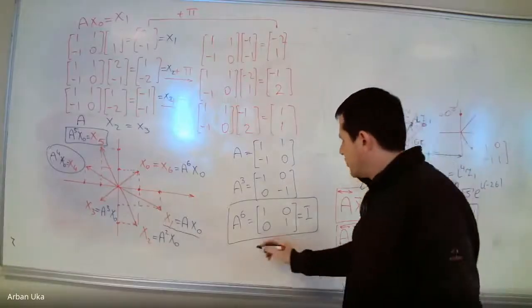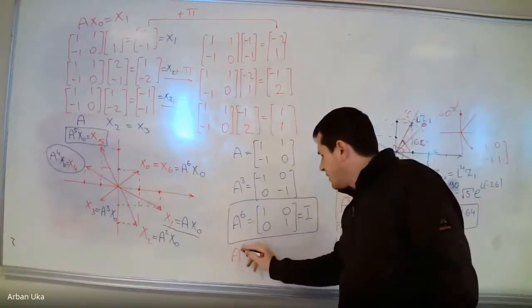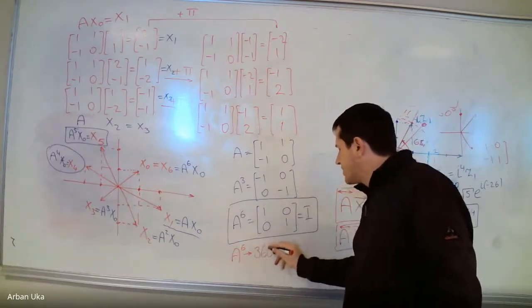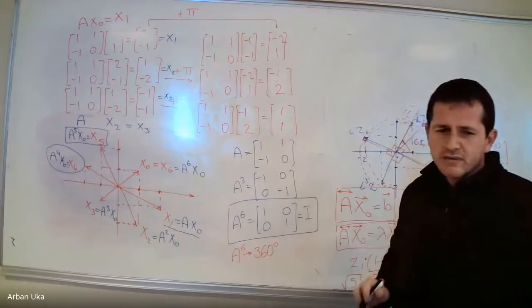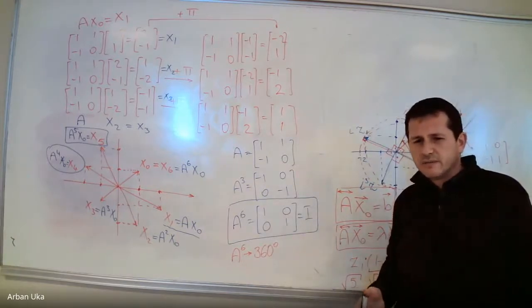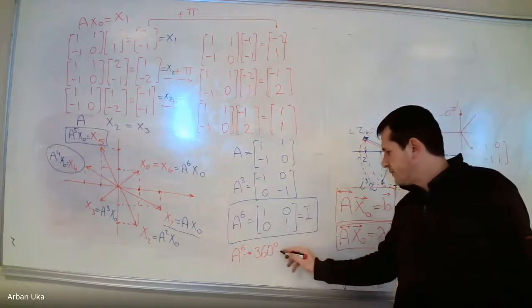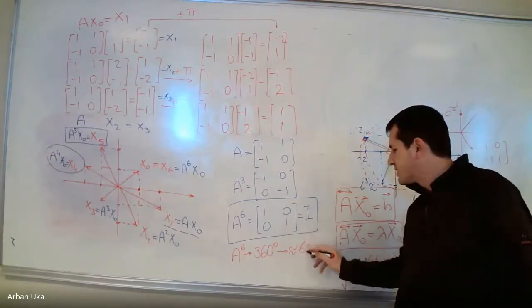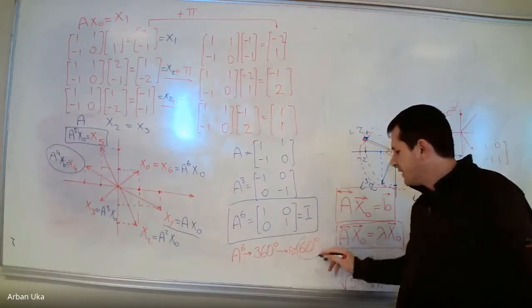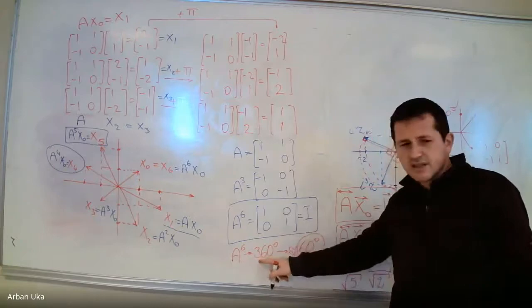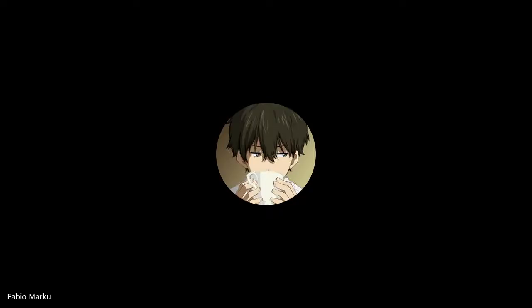That's true. So A to the power 6 rotated the initial vector by 360 degrees. So on average, what was the angle? So this is approximately 60 degrees, right? Because 60 times 6 is 360. Are we okay? Yes.